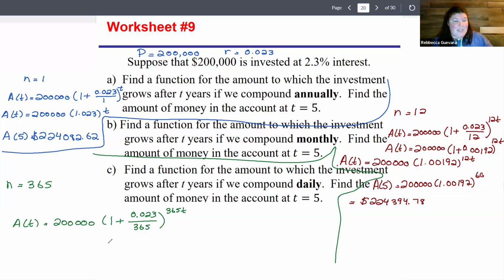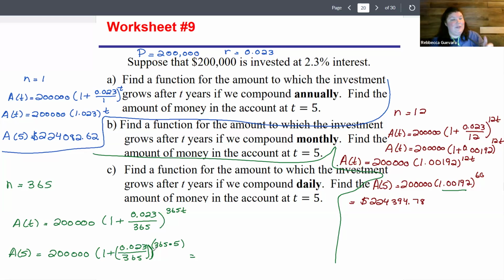So this one, I'm actually not going to try to give you the decimal version here because the decimal is really, really big. So I'm going to leave it like this. If we put it in your calculator, A of 5, so 5 years later, 365 times 5. Make sure you put all these parentheses here.